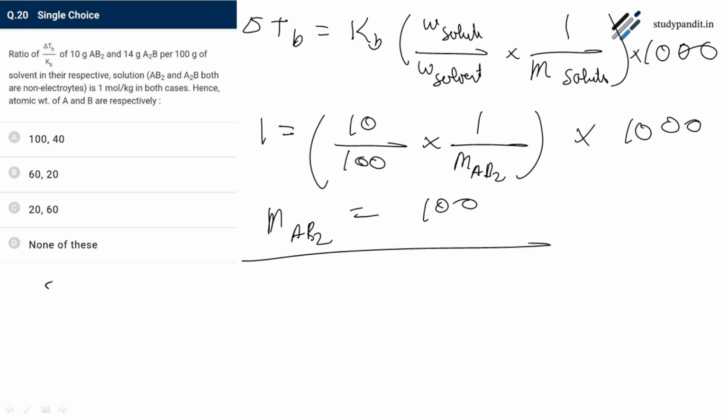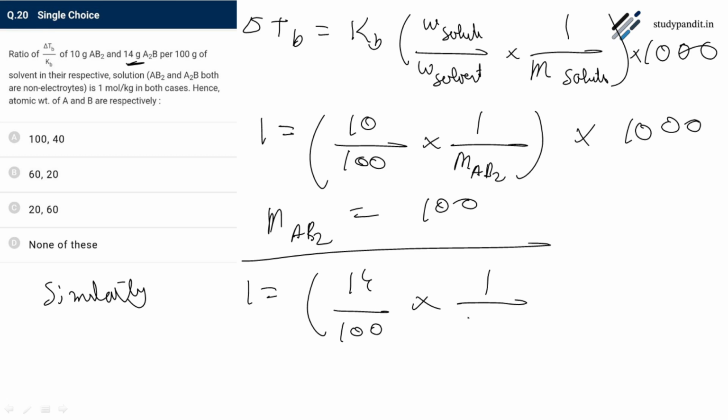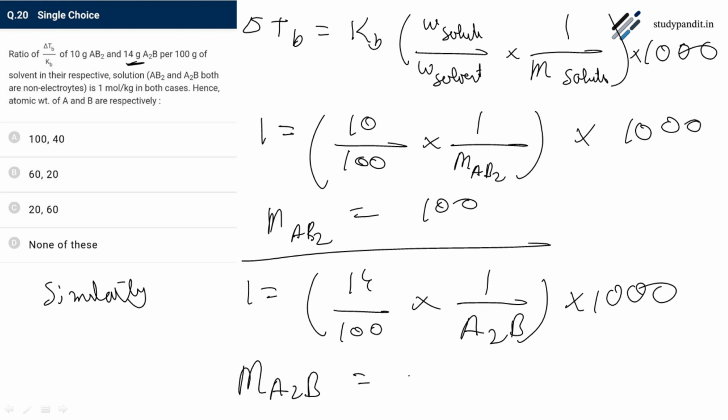Similarly, we can find MA2B. For that, we will put these in the same equation. 1 is equal to 14, because A2B's mass is 14, upon 100 into 1 by MA2B into 1000. So, MA2B is equal to 140.